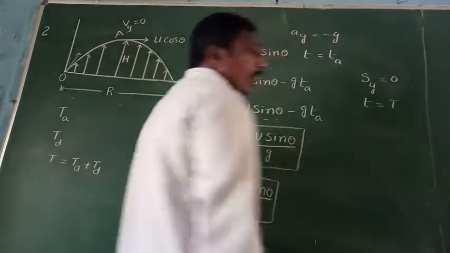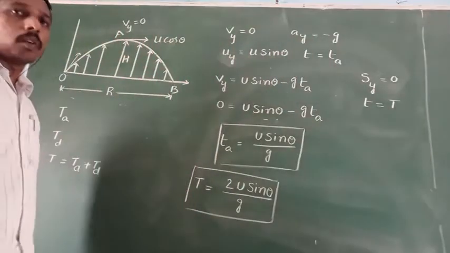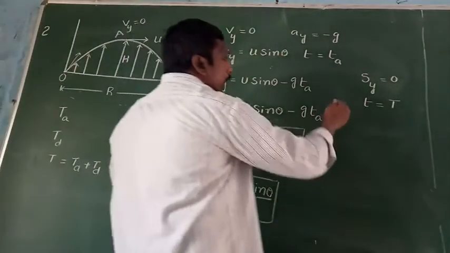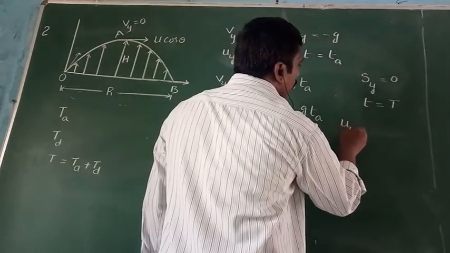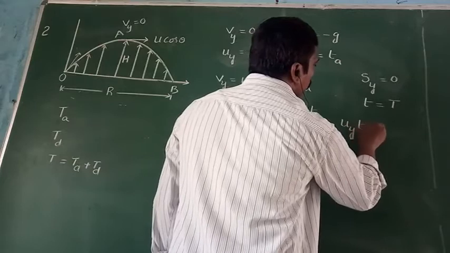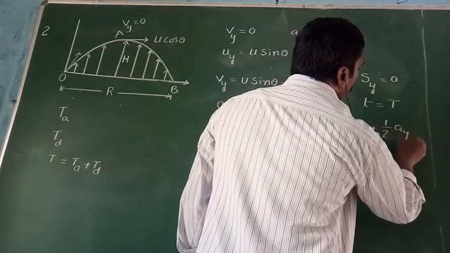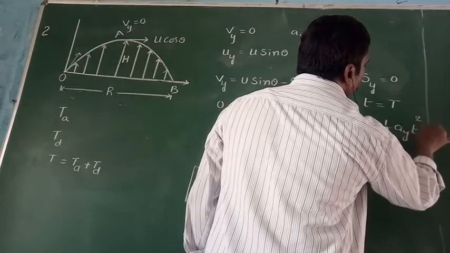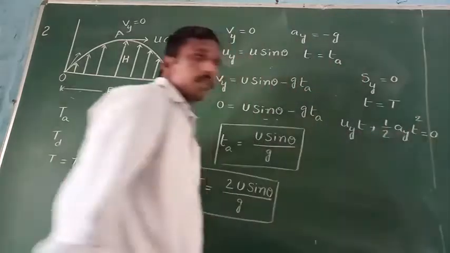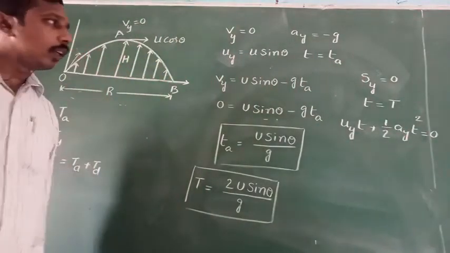You know the vertical displacement equation: uy into t plus half of ay into t square. So this is equal to 0.